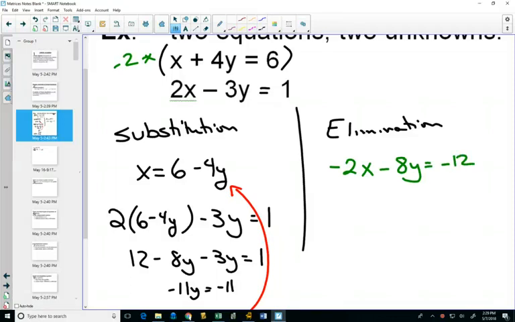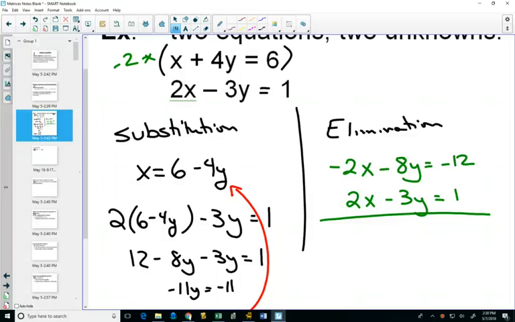And then if I rewrote equation 2 underneath, 2x minus 3y equals 1, the elimination technique says once you've done that and everything lines up like terms, you could just add those two equations together.